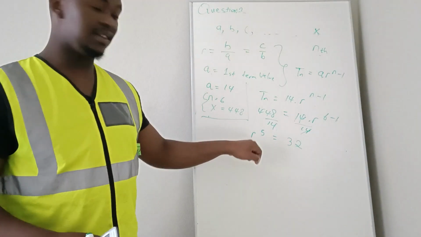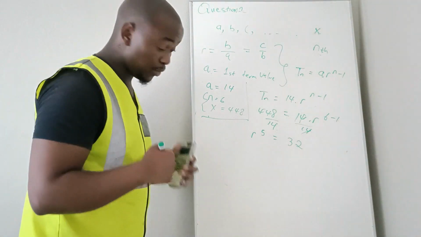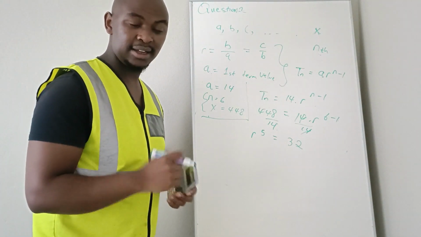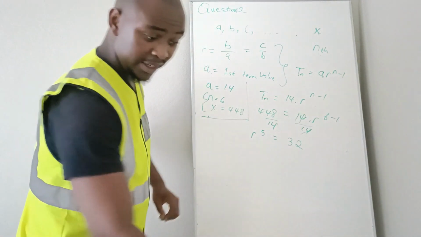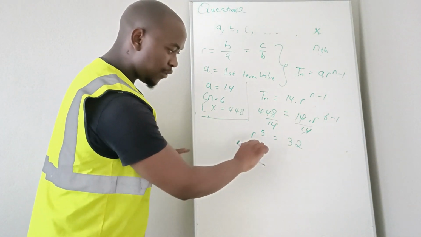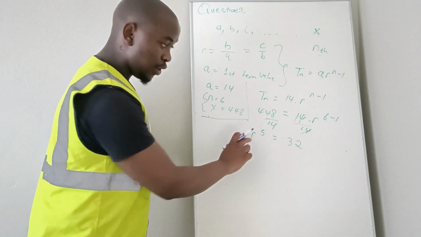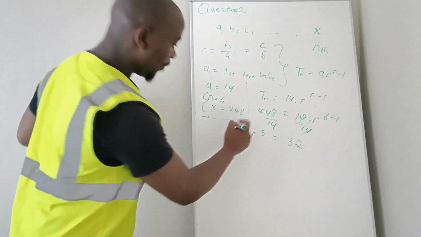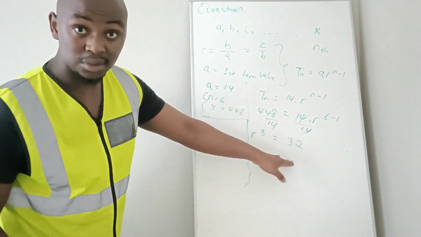So how do we find the value of r? I'm going to go back to the basics. If you already know, you can just go to the final answer. In order to solve this kind of equation, we can find the value of r this way.